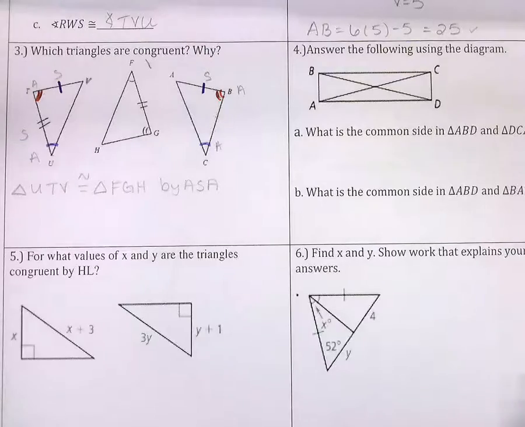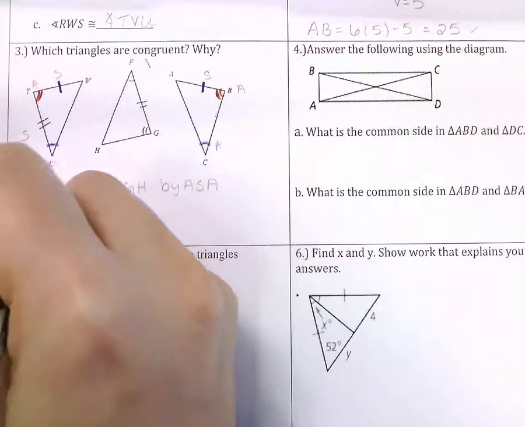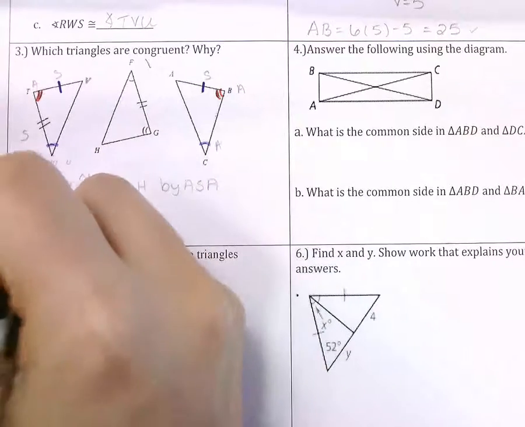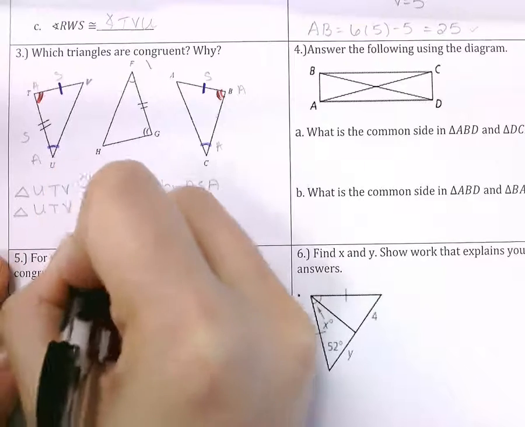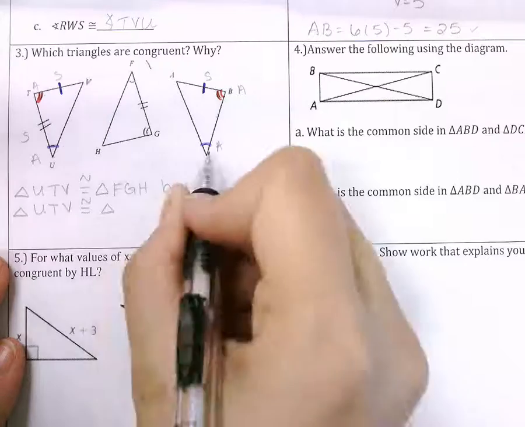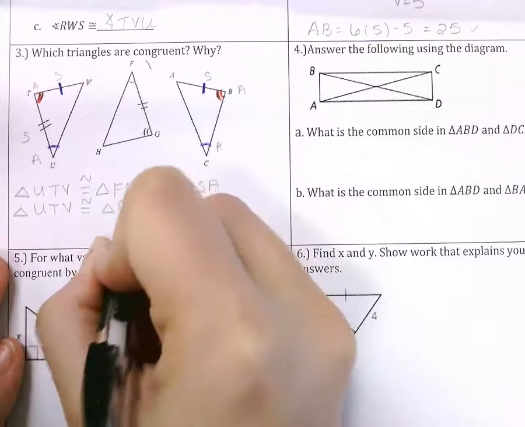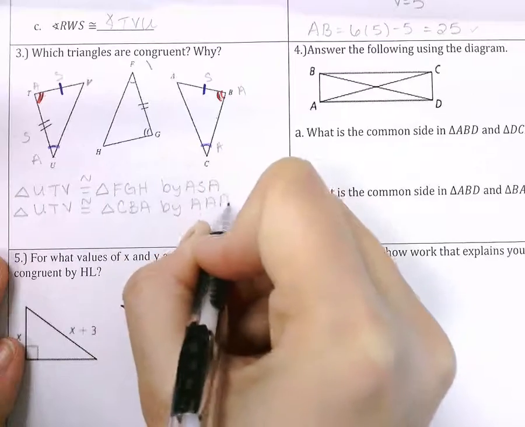So these two are going to be congruent by angle, angle, side. So triangle UTV is congruent to triangle CBA by AAS, angle, angle, side.